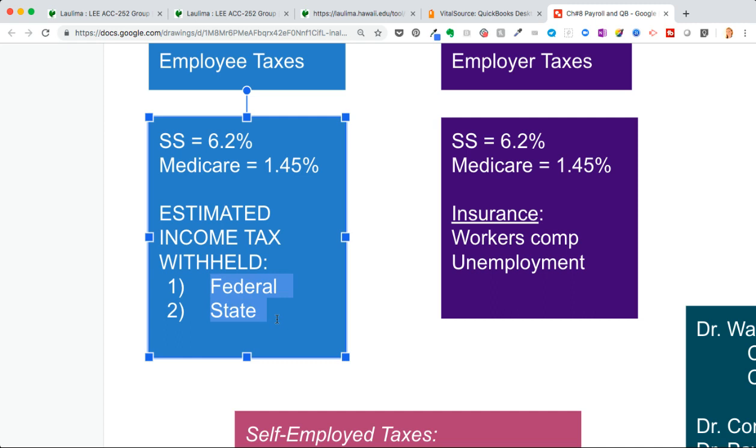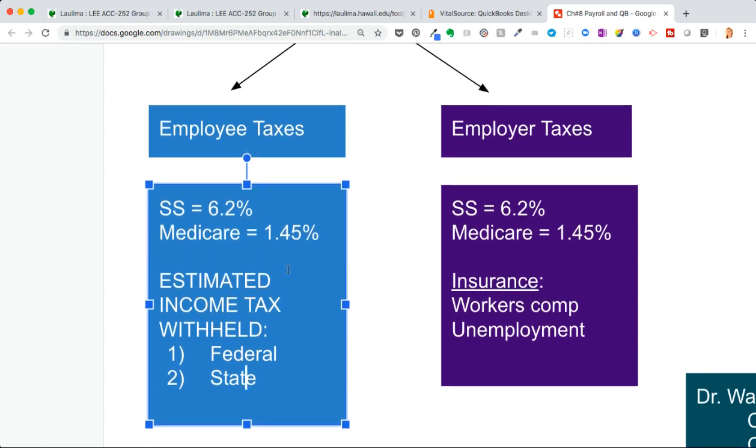When you use an outside payroll company, this is one of the things they calculate, based on the W-4 form that you have someone fill out when you hire them. The higher the number of exemptions, the less money is withheld. If you have 0 on your W-4, then you have the most taxes withheld. So that's kind of it for the employee side.